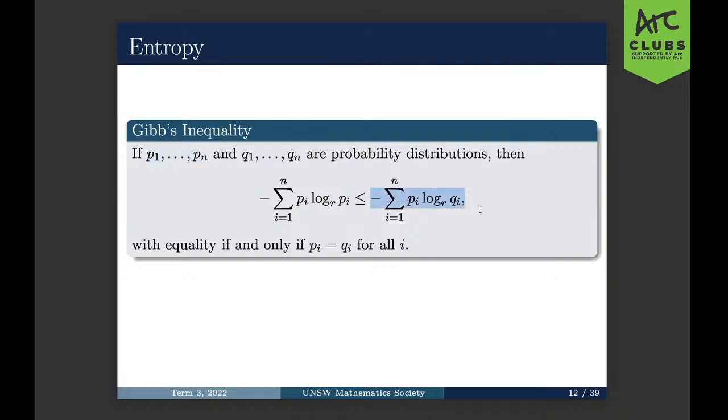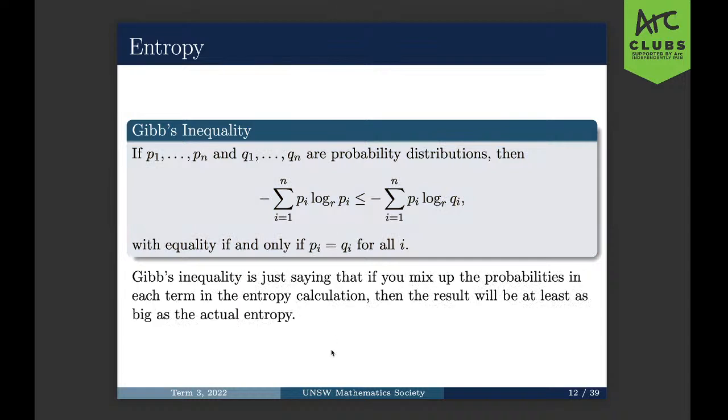And the second one, it's not exactly the entropy, but it's as if we mixed up the probabilities of these distributions. Like we use the p's to do the weighted sum, but the informations, I of qi, are from the q probabilities. And we also have equality if and only if pi equals qi for all i, so if these distributions are exactly the same.